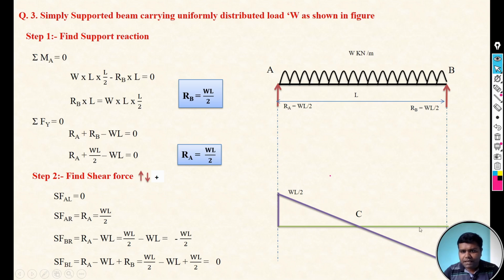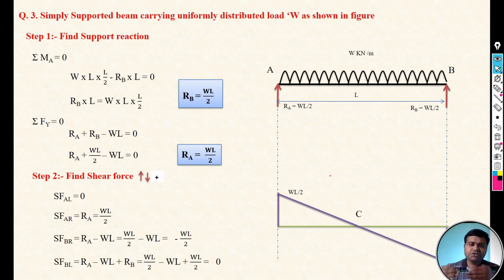B left is minus WL by 2. Minus means it is below the baseline, and at B right it goes to 0. So this is the shear force diagram for a simply supported beam carrying UDL on the entire span.